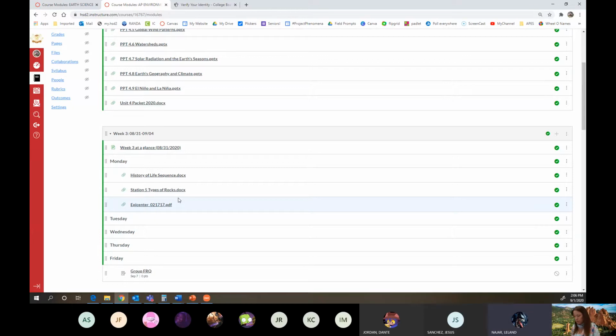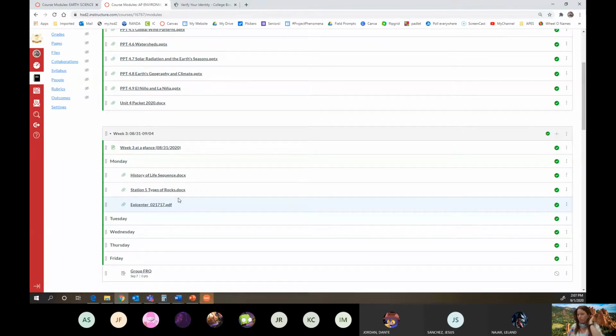Station 2 was the interactive, go play tectonics and stuff. Station 3 is the Ring of Fire mapping. It was just copy and paste a picture of the Ring of Fire, not Mordor.